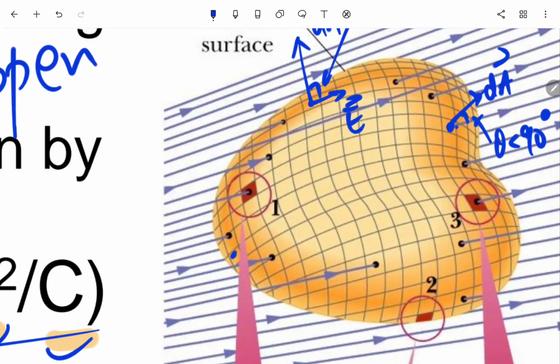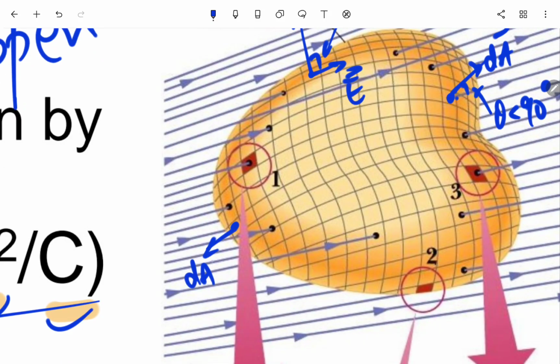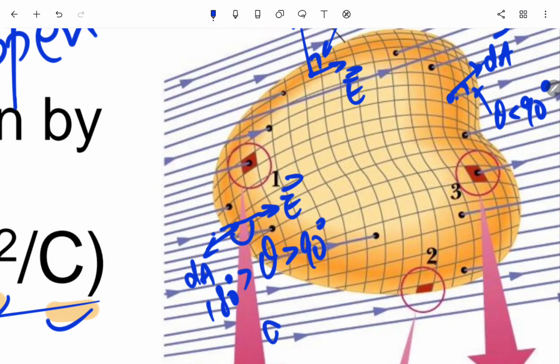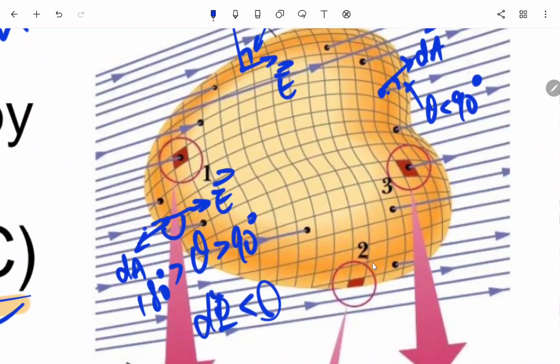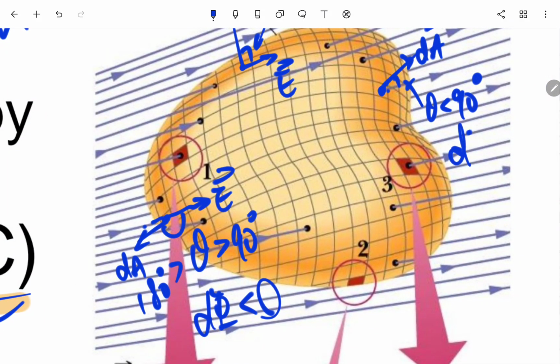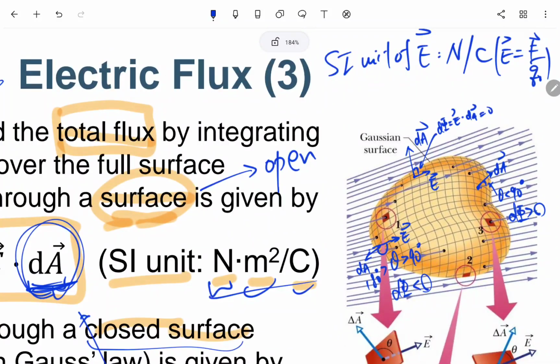And maybe for this point, dA may be pointing to this side, and the E field is pointing to that side. So this theta is larger than 90 degrees and smaller than 180 degrees. In that case, d phi is negative. So d phi is positive for that case, negative for this case, and d phi can be 0 for that case.